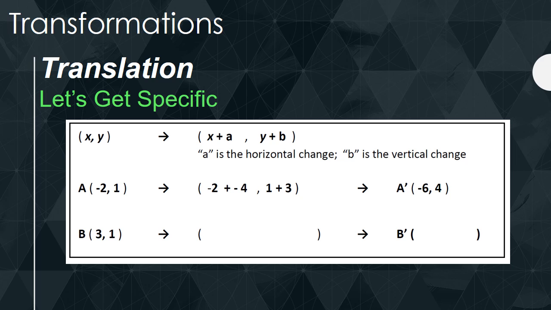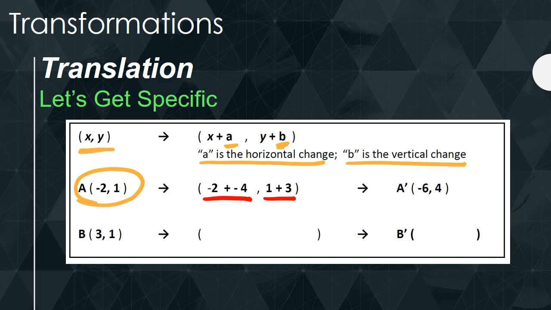Here's the way this math is going to work out. You can see here that you have your original coordinates, and then here's the change right here. The a is the horizontal change, and the b is the vertical change. If point A is -2, 1, I'm doing -2 plus the -4, which takes care of the left and right units.